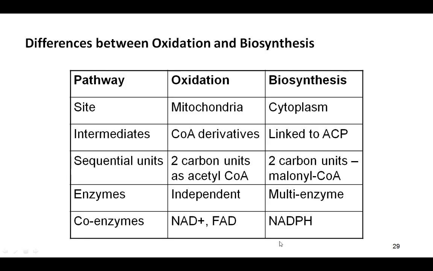In biosynthesis we saw the 7 enzyme multi-enzyme complex, fatty acid synthase, right? The very important coenzyme for biosynthesis is NADPH. Here for oxidation you need NAD plus and FAD. You will understand this difference when I take the fatty acid oxidation class next.